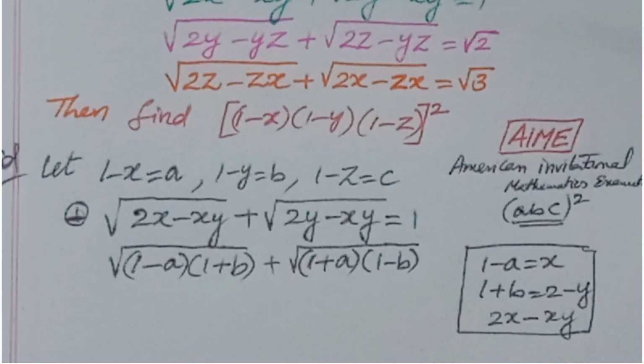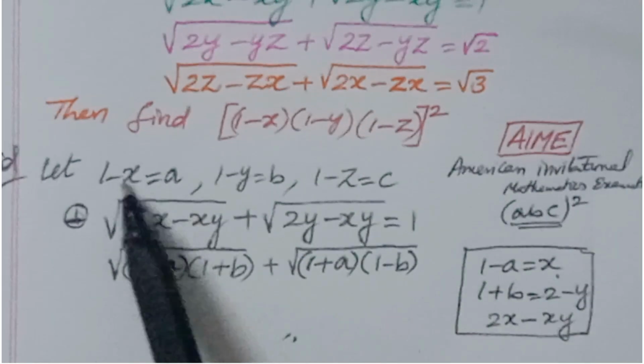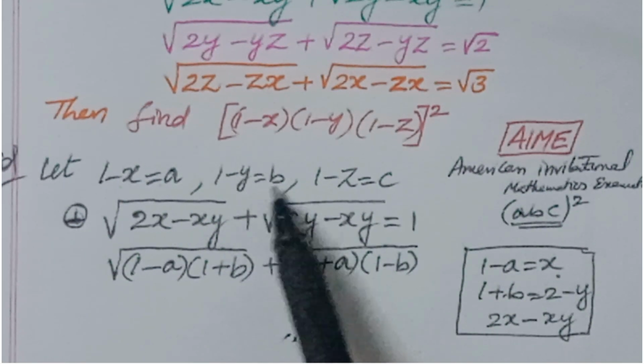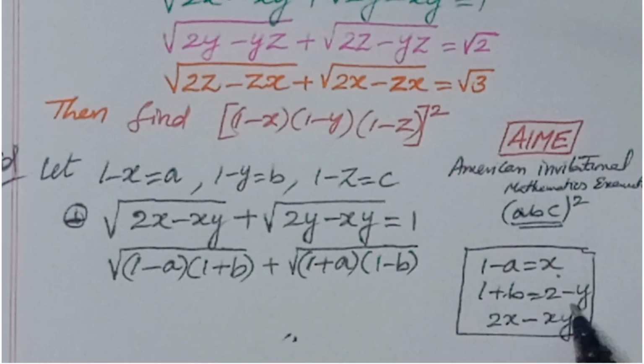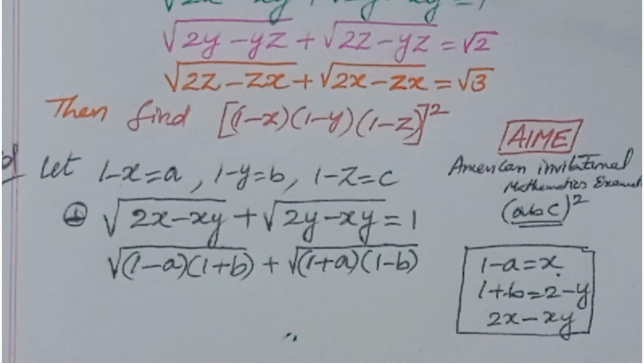You will follow the same here. 1 minus a equals x, and adding b to 1 on both sides we get 1 plus b equals 2 minus y. If you multiply these two, you will get 2x minus xy. In the same way, you will follow the pattern.